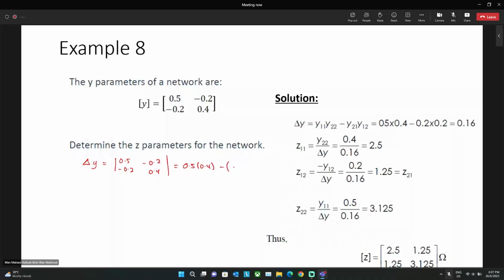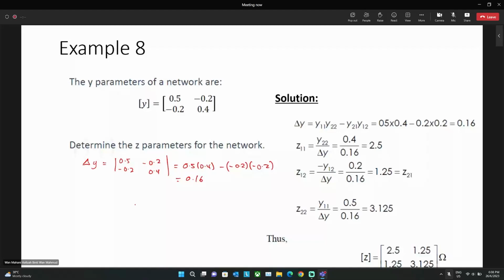Sama macam kita buat untuk kaedah chapter 4 sebelum ni. 0.5 darab 0.4 tolak 0.2 kuasa 2, dapat 0.16. Ini adalah delta Y.